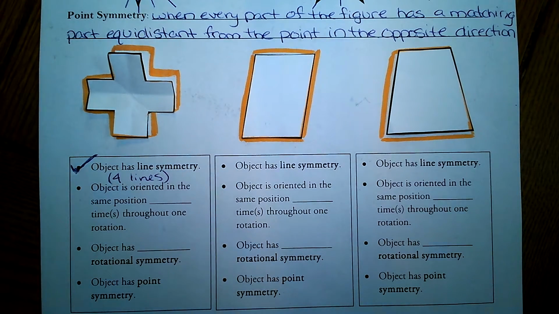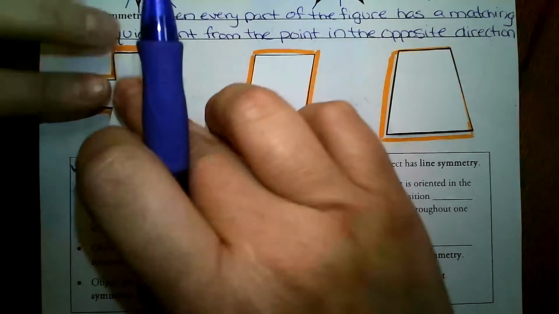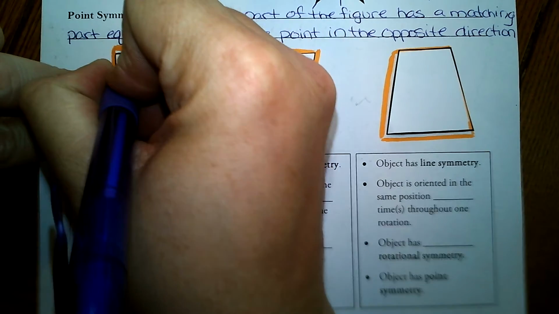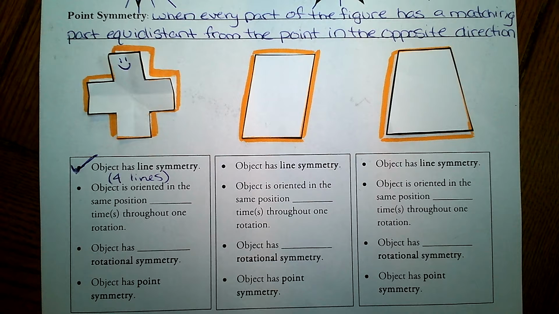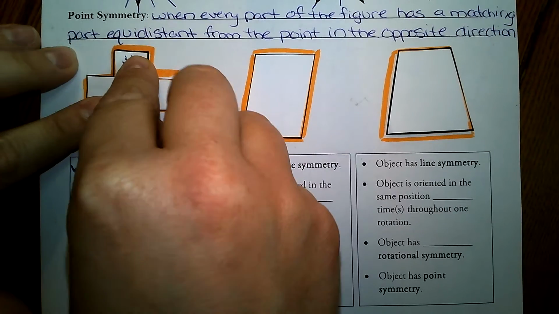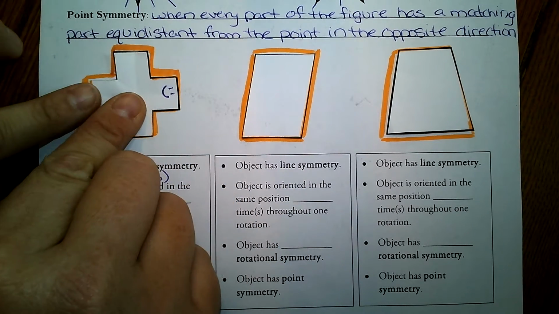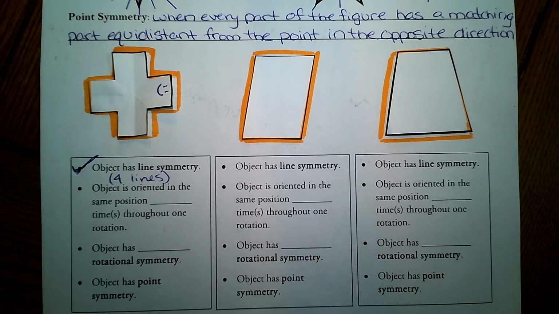Okay. Now to think about the point symmetry and rotational symmetry. Can you take this image, and I'm just going to put a happy face up here on top. Can you take this image and rotate it so that it fits into its original position? So here's my plus sign. I've traced it out. I can rotate it. If I rotate it 90 degrees clockwise, it fits back into its original position.